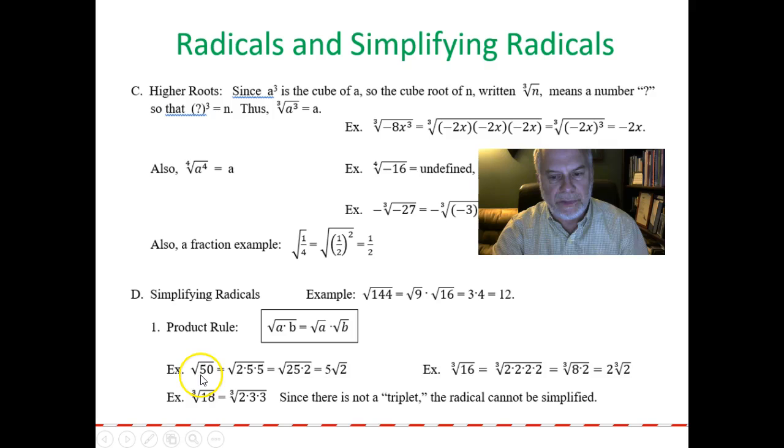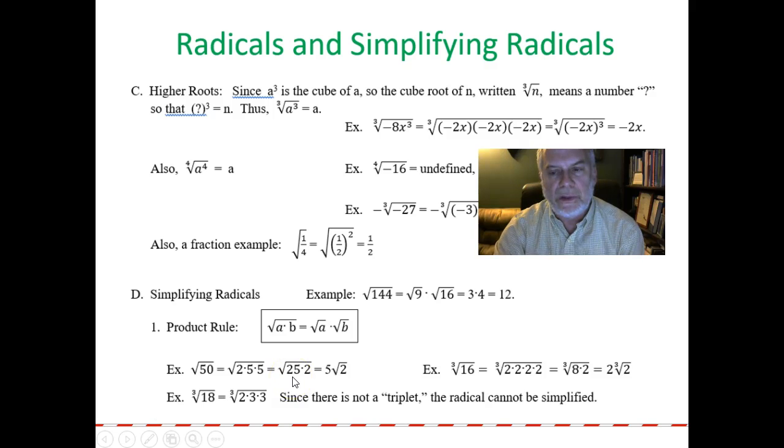Now in the next few examples, these don't come out to just a whole number for the answer. You get a radical involved in the answer. But if you have square root of 50, you could break it up. Well, first of all, it breaks up into 2 times 5 times 5. That's called the prime factorization of 50. And you know that 5 times 5 is 25.